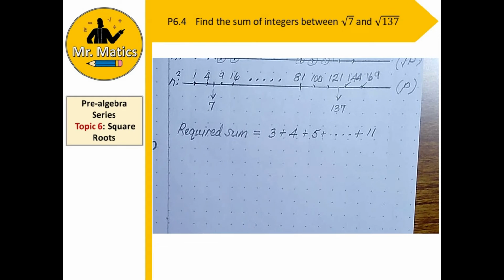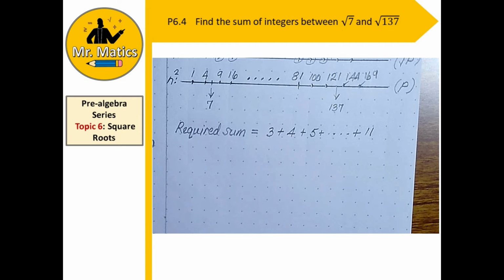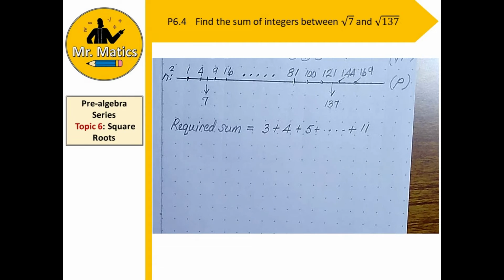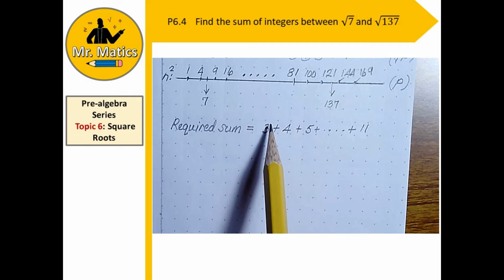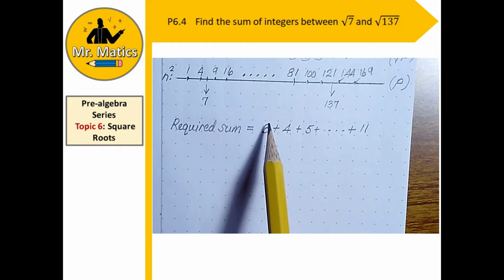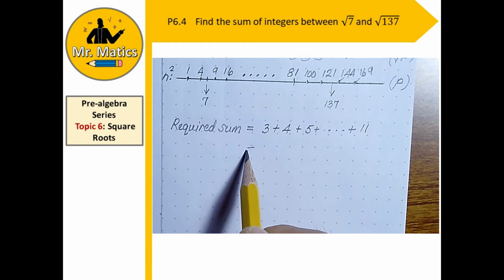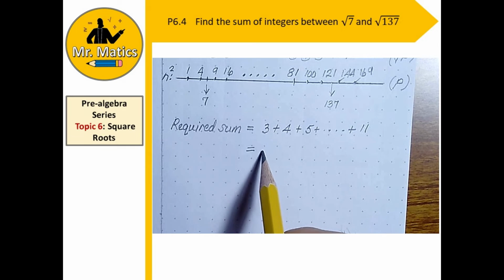Now summing these numbers would not be very difficult, but I'll teach you a new method. One method I have done earlier, I think you can go back to topic 1, you will see that. I think in the first or second problem I have summed a series. How would you do that? 3 and 11, you pair them, which becomes 14.